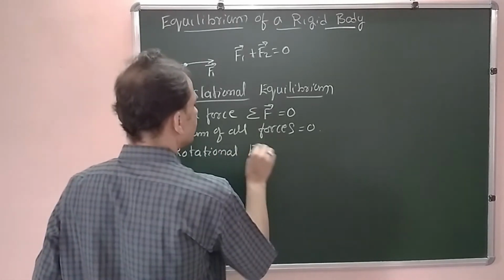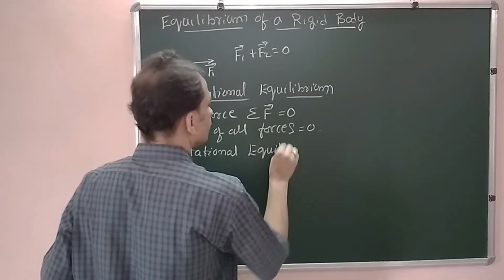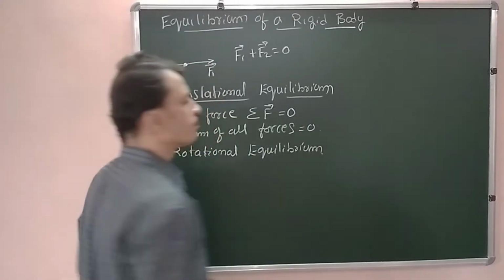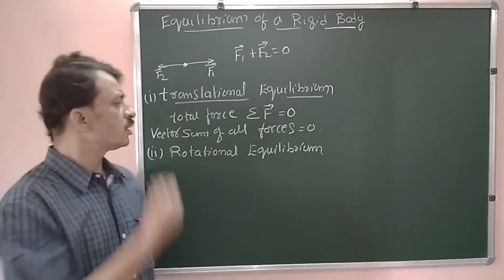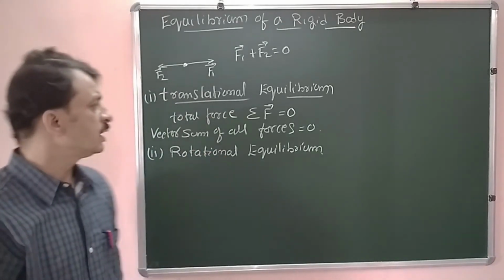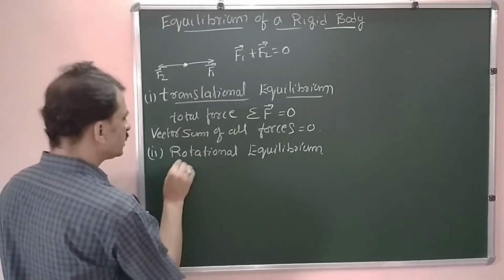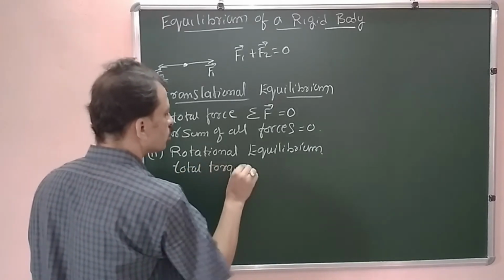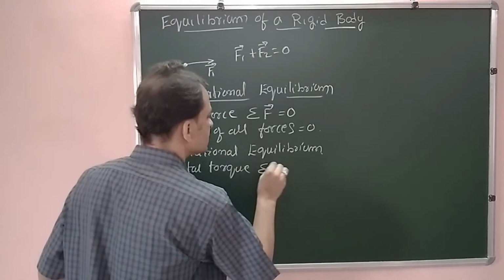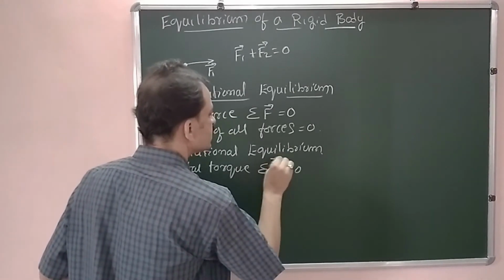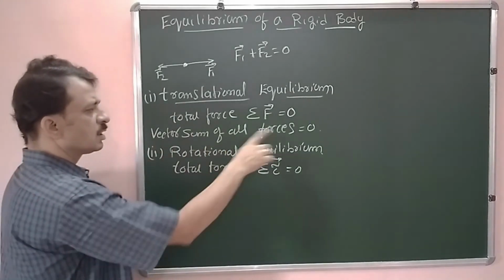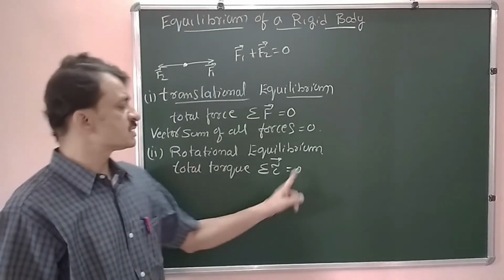Rotational equilibrium. A rigid body is said to be in rotational equilibrium if and only if the total torque, that is sigma tau, is equal to 0. That means the vector sum of all the torques acting on the rigid body.